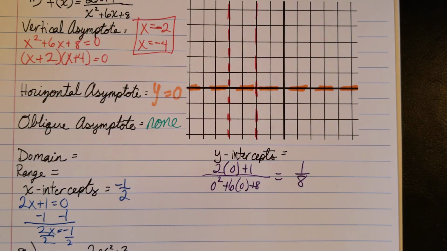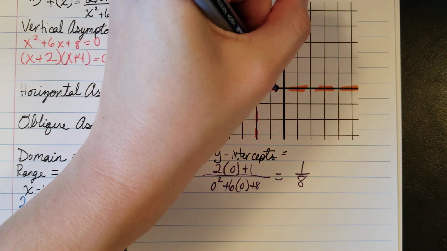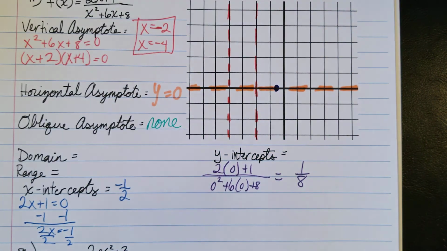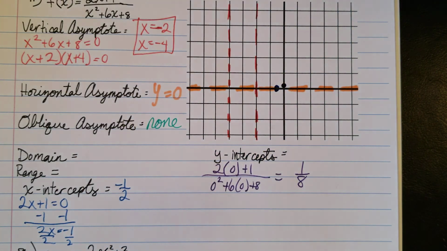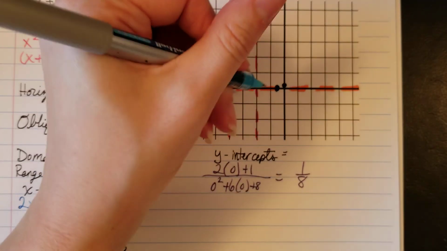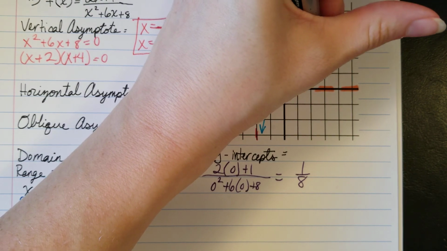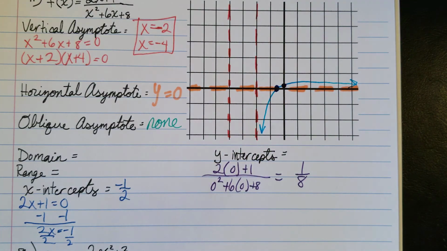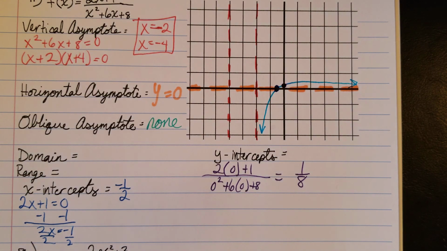And then we have the x-intercept at -1/2. And then we have the y-intercept at 1/8. Okay, so we can see what's going on here. All right, now we have 2 other sections we have to figure out.